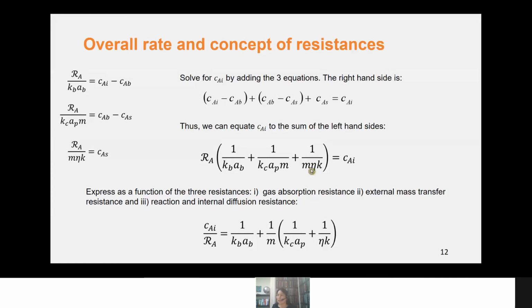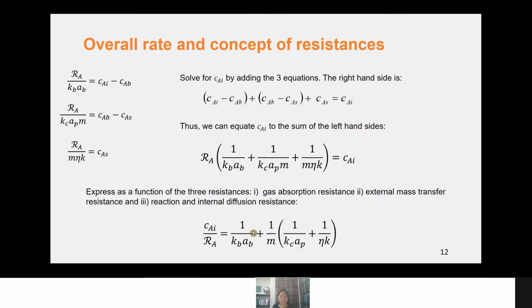Here we have 1 over M eta k. M is the catalyst loading, eta is the effectiveness factor, which takes into account the effects due to internal diffusion and surface reaction, and k is our reaction rate constant. So that we can analyze experimental data to understand more about the three-phase catalytic process taking place, we rearrange this expression like this.